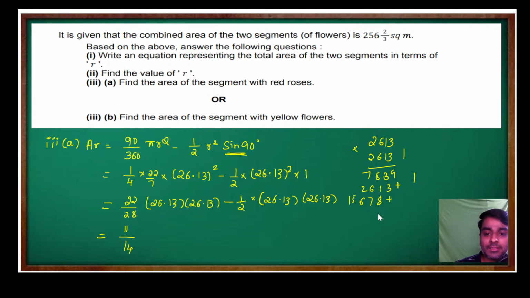15. Next 2 3s are 6, 2 1s are 2, 2 6s are 12, 2 2s are 4, and 5 here. Add this: 9, 6, 9, 17, 13, 20, 26, 27, then 2, 6, 8, 10, 12, 5, 3, 8, 6.